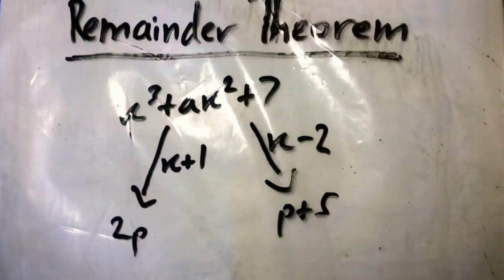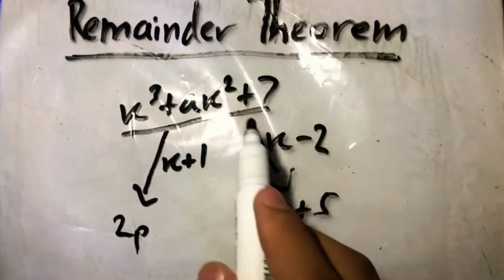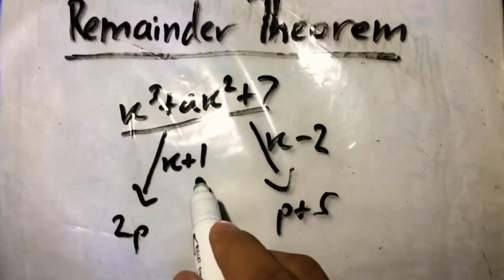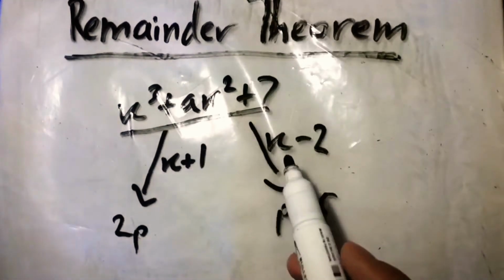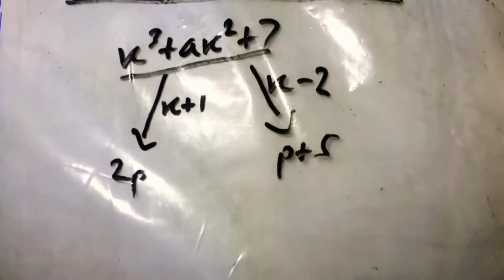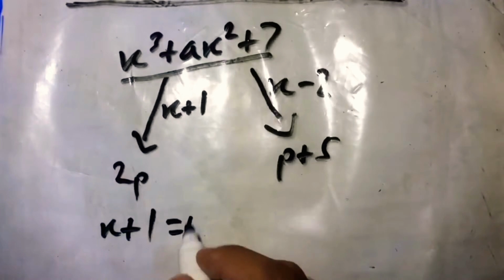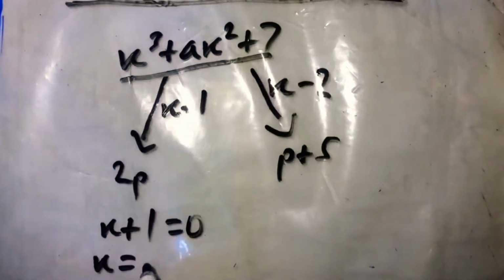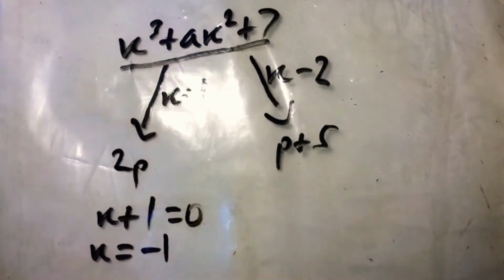Now the next question, we are given the expression x cubed plus ax squared plus 7. When this is divided by x plus 1, the remainder we get is 2p. When this is divided by x minus 2, the remainder we get is p plus 5. So first taking x plus 1 equals 0, x equals minus 1. Now we'll substitute minus 1 in the equation.